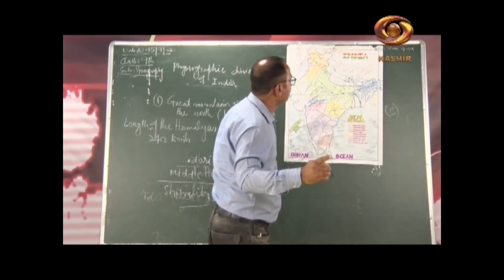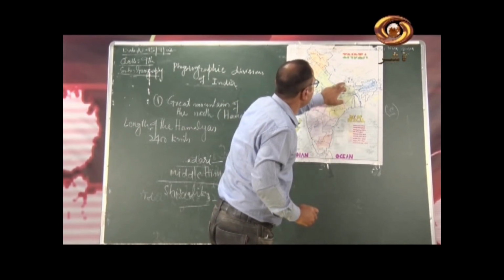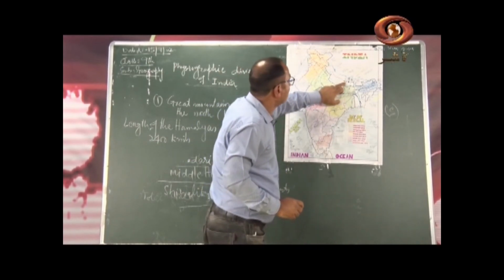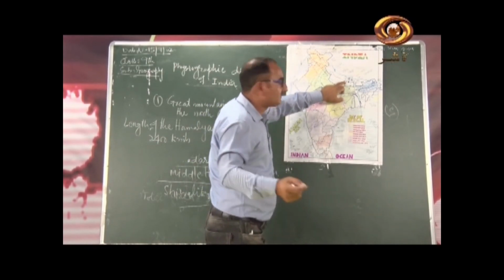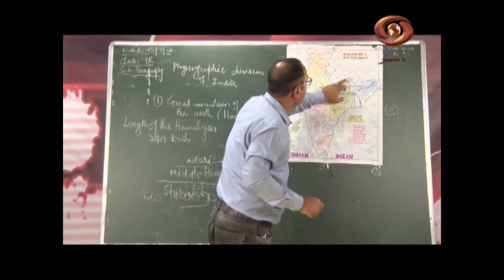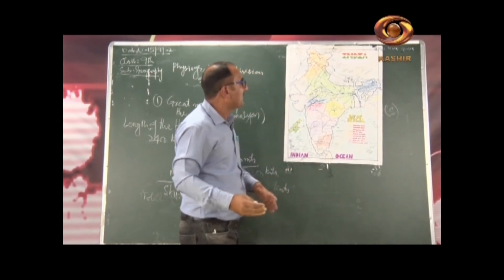Then there is one more here, Dhaulagiri peak. It also lies in the Himalaya, and the height of this peak is 8172 meters above sea level.